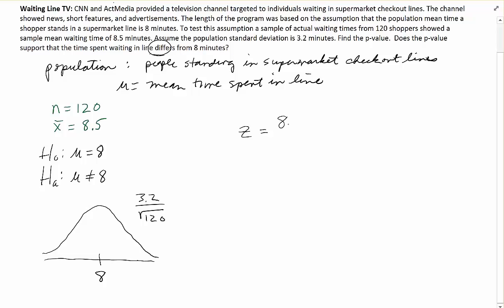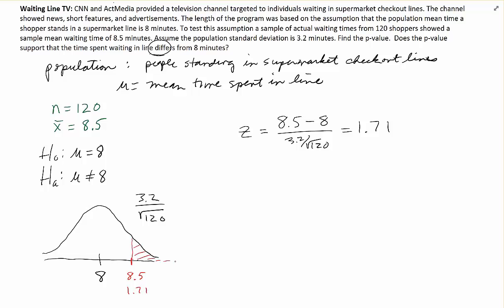So I have 8.5. How far is 8.5 from 8, in standard deviation units? This value turns out to be 1.71. So the location of my sample mean is about 2 standard deviations to the right. So 8.5 is 1.71 standard deviations to the right of 8.